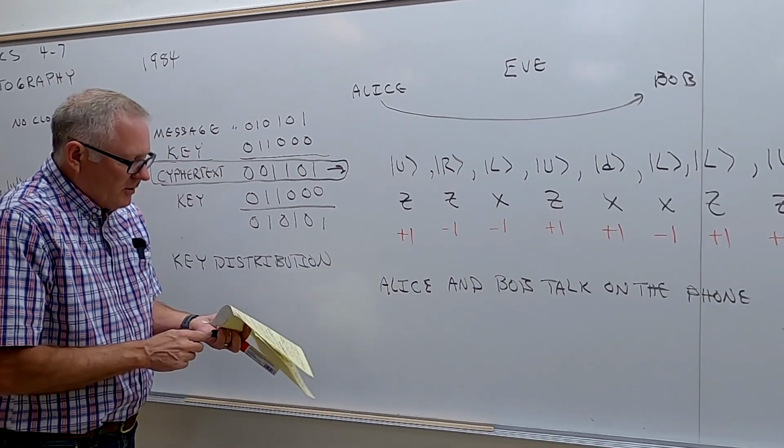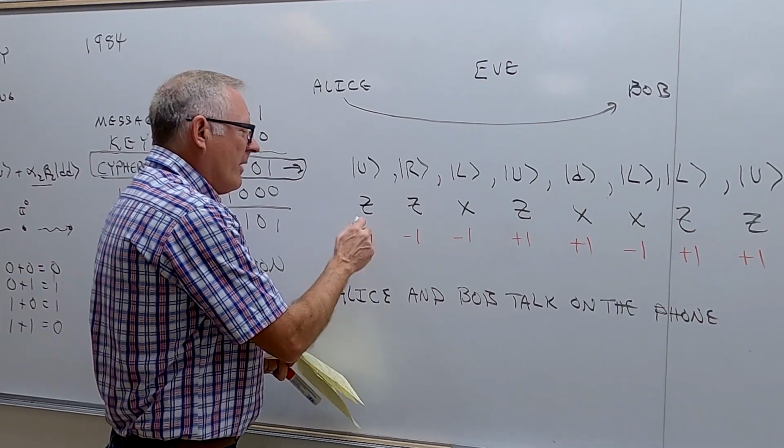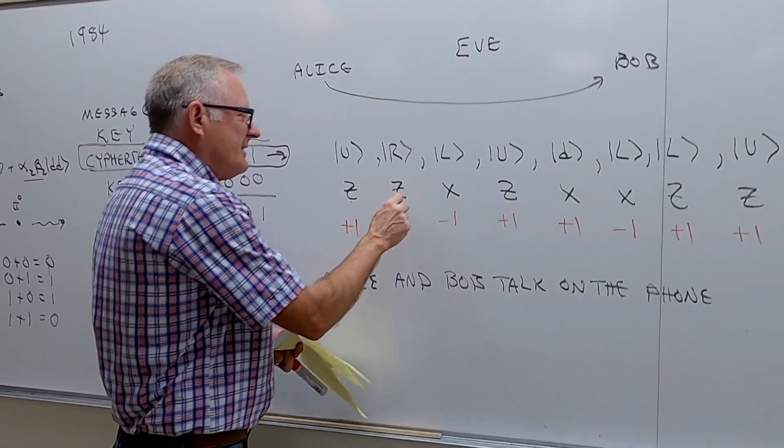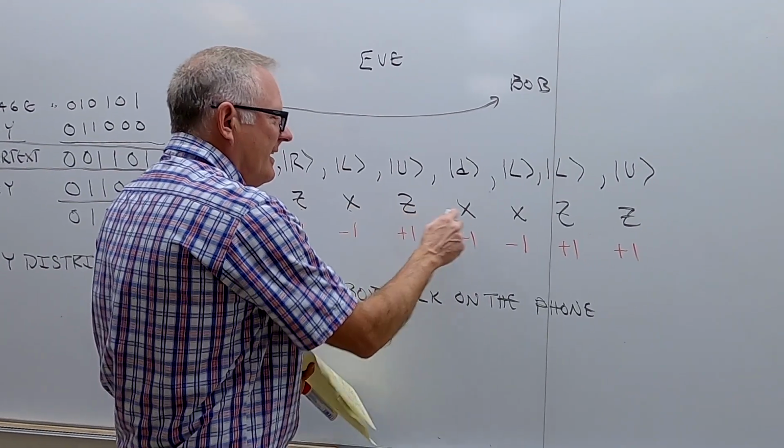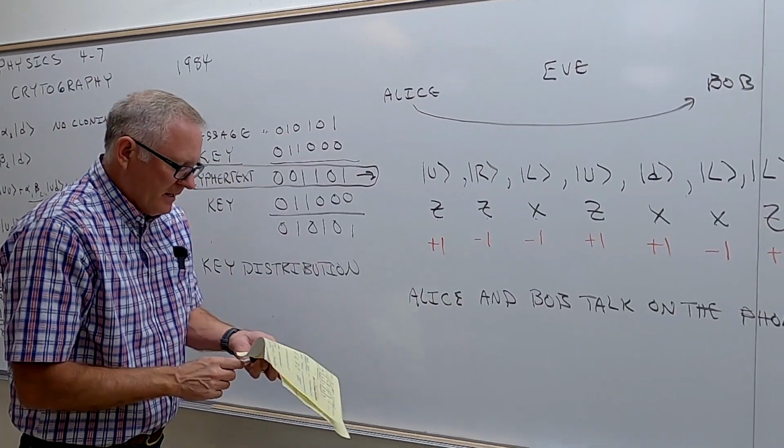Bob says to her, I made these measurements. I made the Z, then the X, then the Z, X, X, Z, Z. Those are the measurements I made.